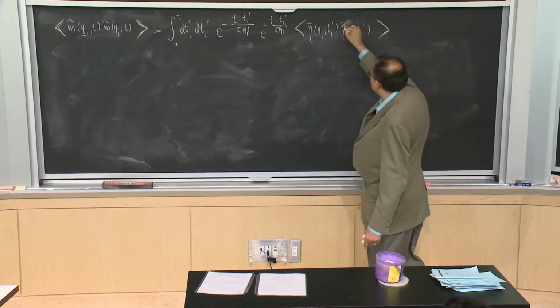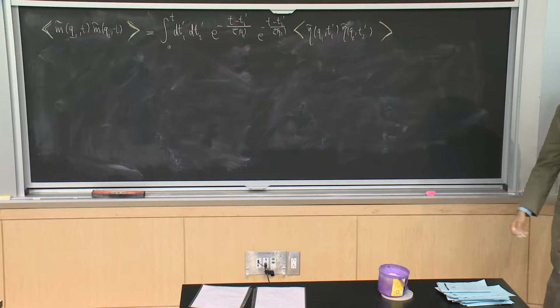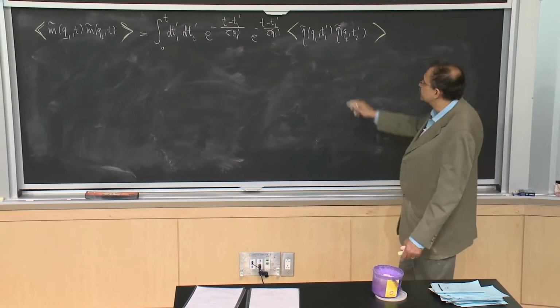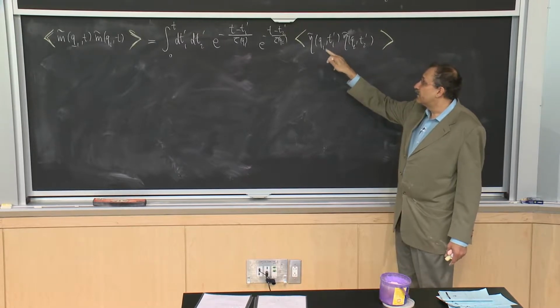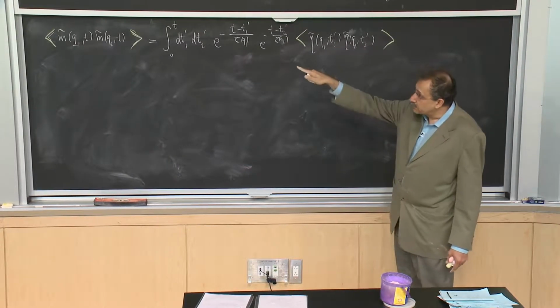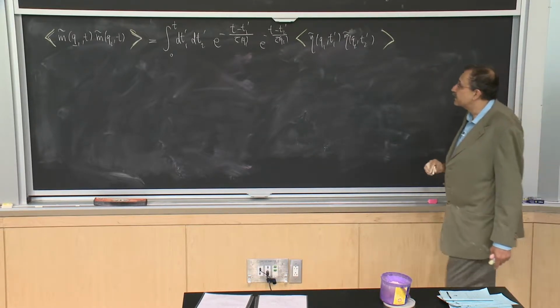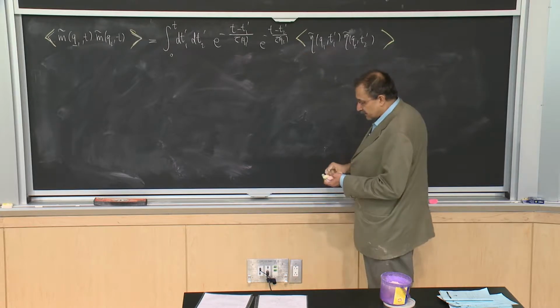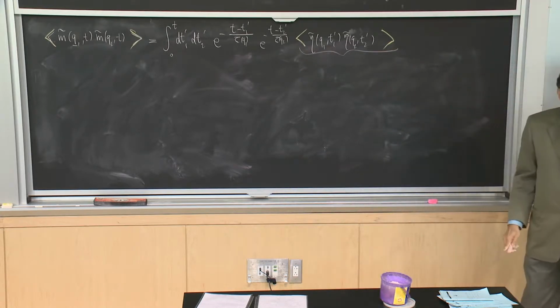So it turns out that when you look at the average of two of them, and it's a very simple exercise to just rewrite these things in terms of eta of x and t, eta of x and t, and apply the average that you have, you will find that the things that are uncorrelated in real space also are uncorrelated in Fourier space.